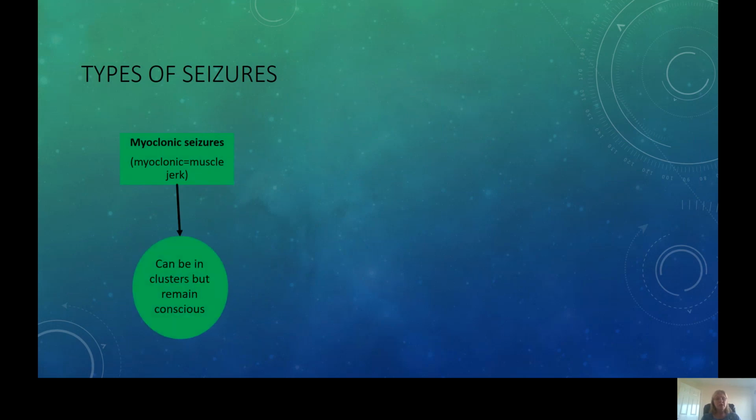Myoclonic seizures. Myoclonic means muscle jerks. They can be found in clusters, but the client may remain conscious. But this is another indication that they are likely to have other seizures. Tonic and atonic seizures.